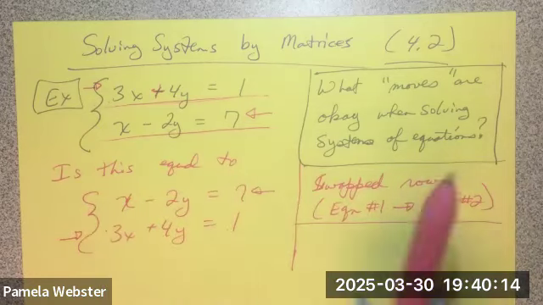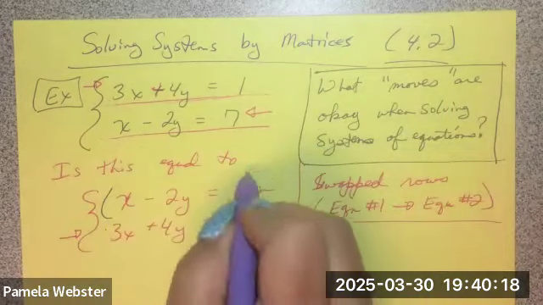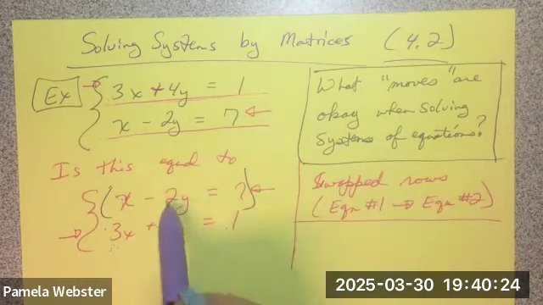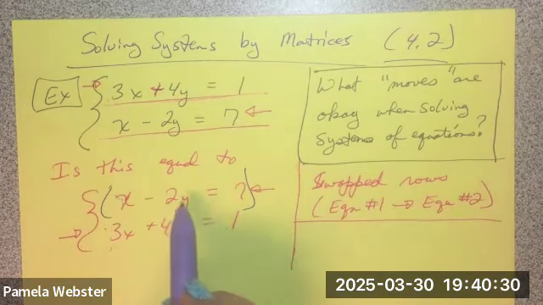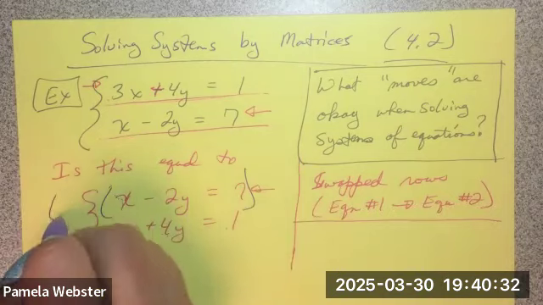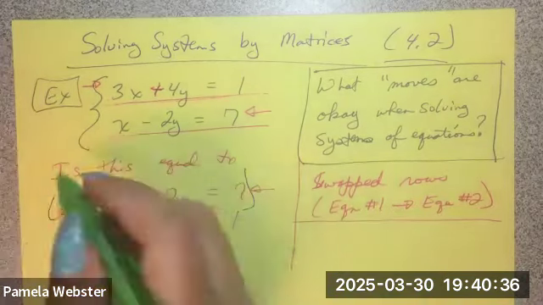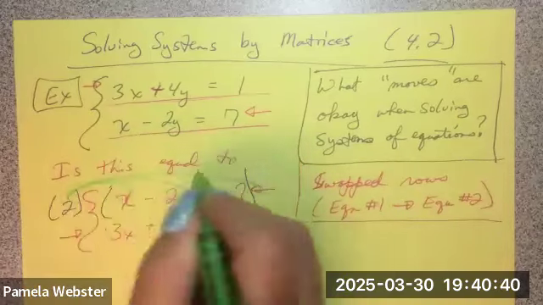Which leads me to my second point. Last time I said, let's multiply the top equation or the top row by something that'll allow me to eliminate. Let's pick on the y's, because of the negative here and the positive here. I can multiply by a 2 all the way through that first equation. Is that okay?